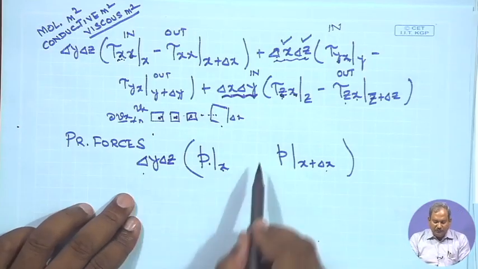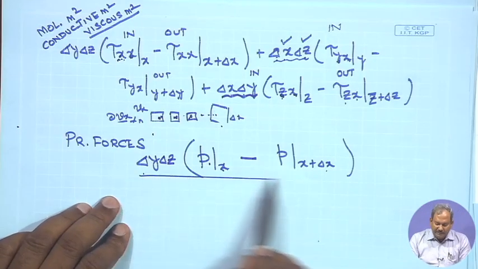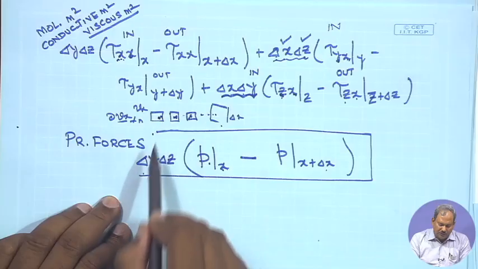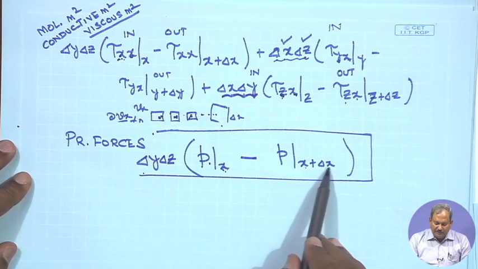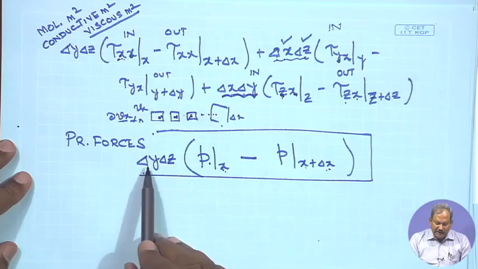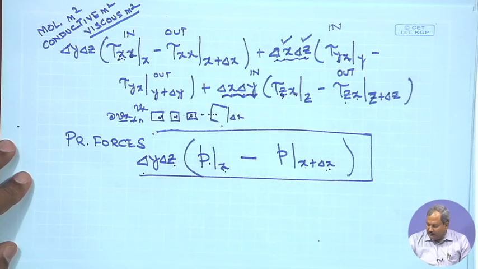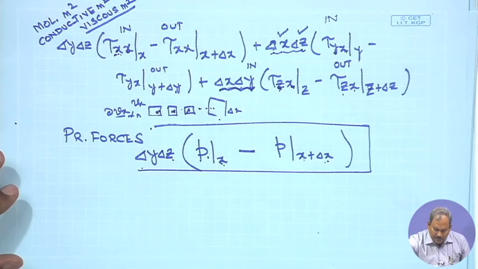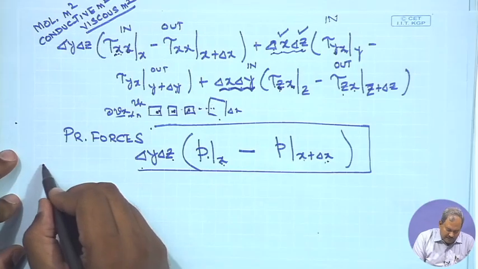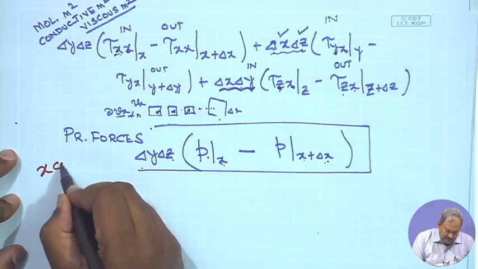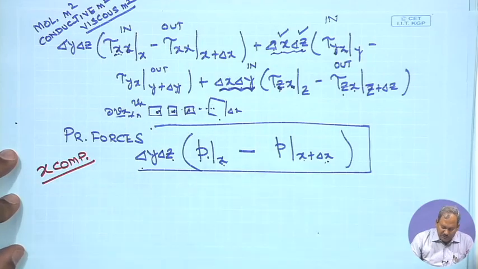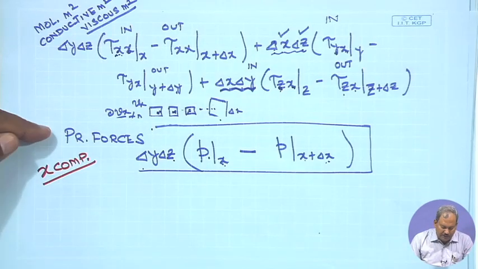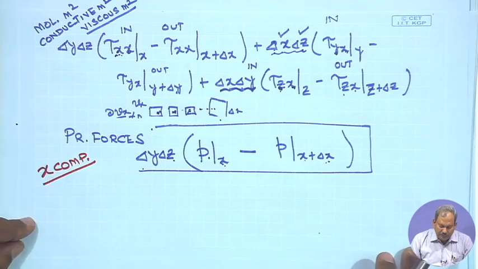So, the net pressure force acting on the control volume is given by the pressure at x minus the pressure at x plus del x, multiplied by del y del z. Please remember, I am pointing out once again that we are writing this equation for the x component of momentum and the x component of the forces, be it pressure or other body forces.